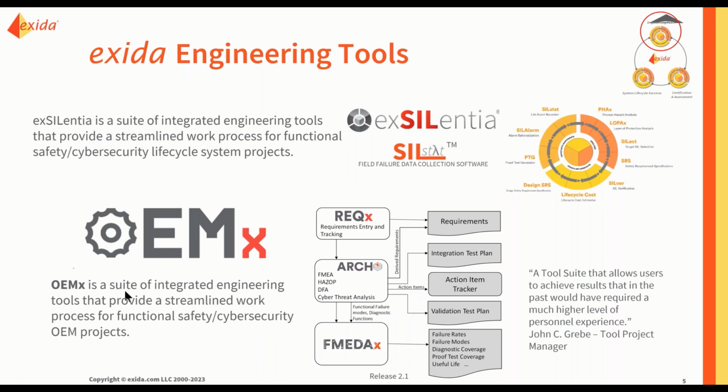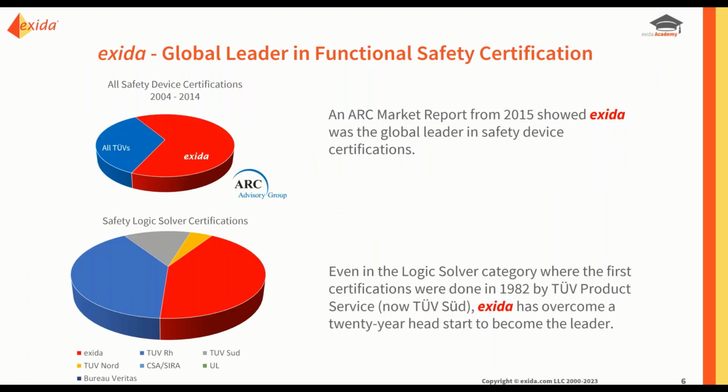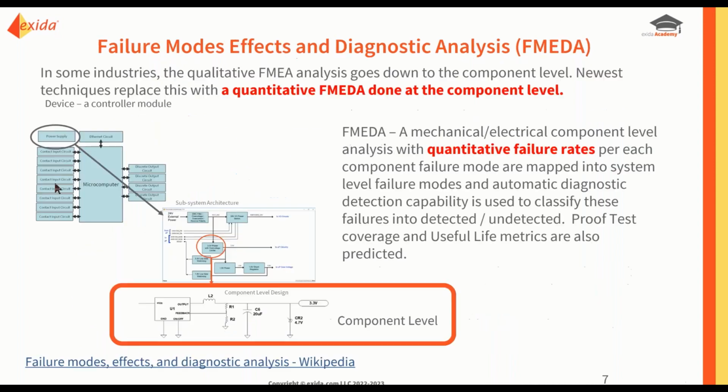That tools group has a suite of tools for systems level and for embedded system device product level development work. The tool is used by many of our people at Exida who are in the certification group because we use it to help evaluate and audit the functional safety projects that we are working on, and even our cybersecurity projects.